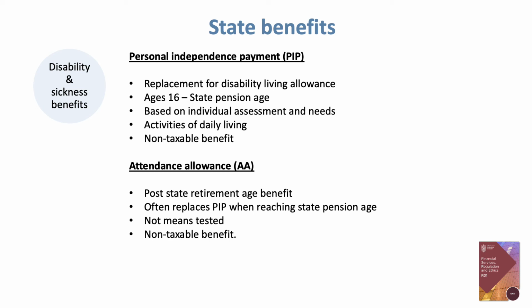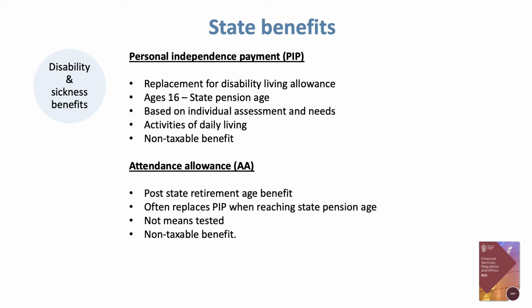Now I'm going to turn our attention to other disability and sickness benefits, and these typically are for more serious ailments and where care is required. So personal independence payments have been introduced essentially to replace the disability living allowance.